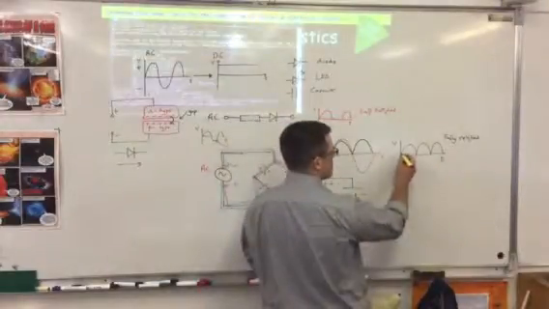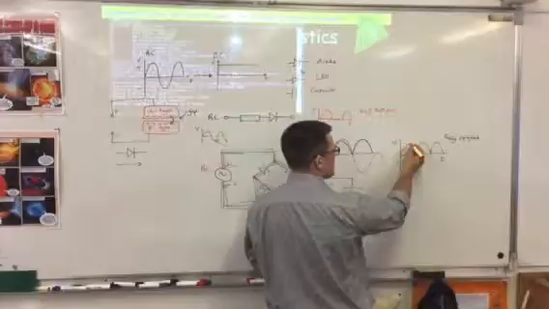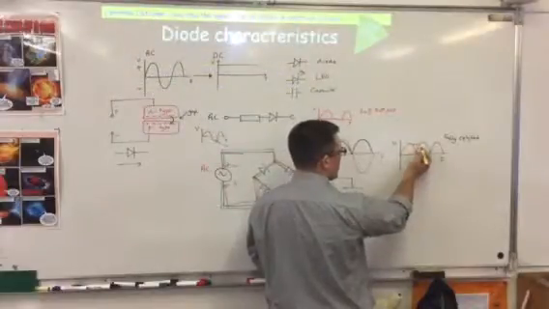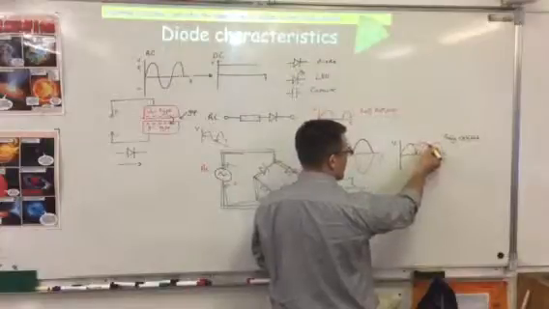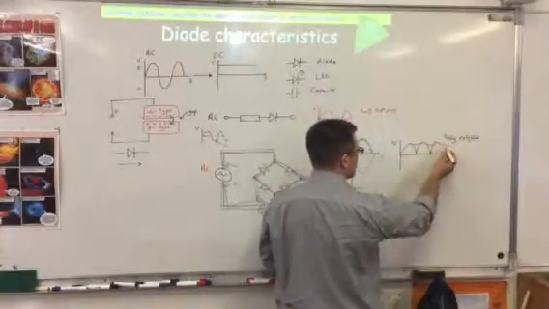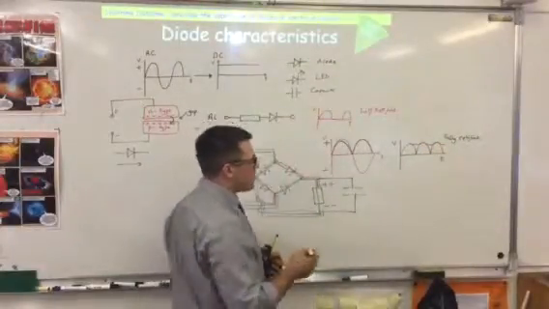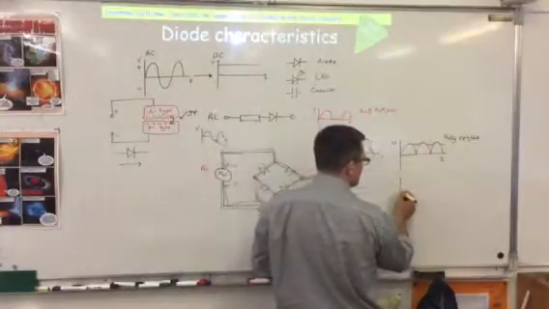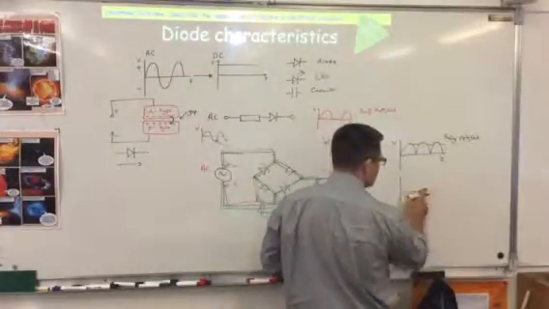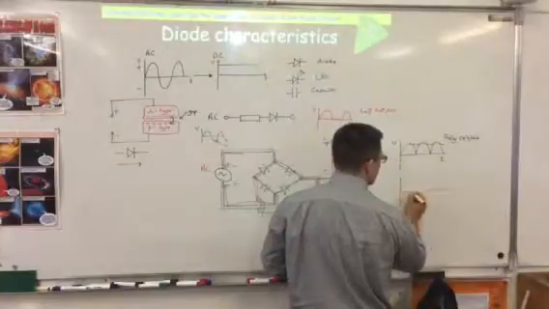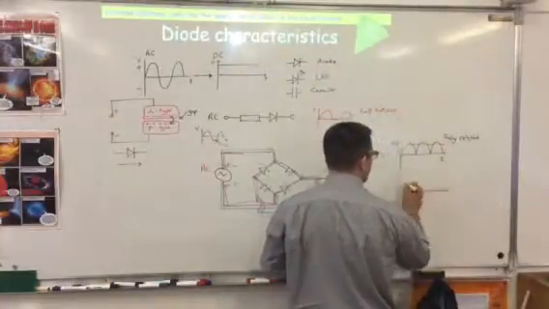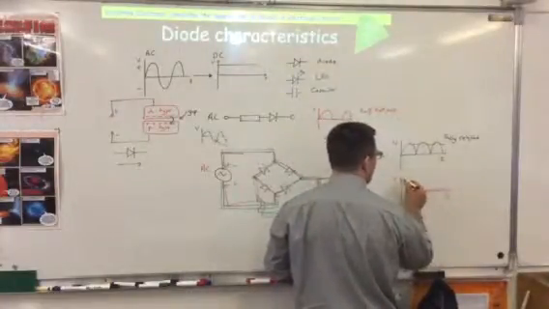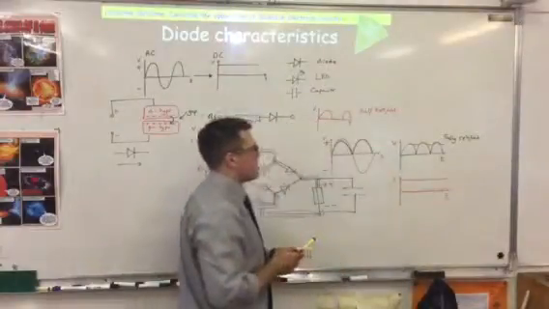So it will get charged up, and then at this point it will start to discharge. When it reaches the next voltage peak, it will get charged up again, and then discharge. And this cycle will repeat itself. And this happens so quickly, over such a short period of time, that to all intents and purposes, even though the line's going slightly up and slightly down, you now end up with what is practically a straight line.